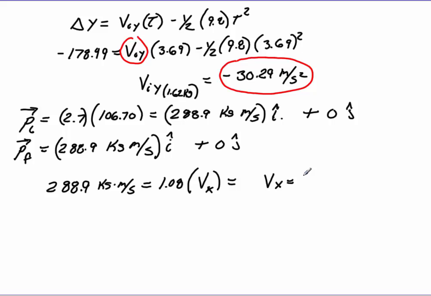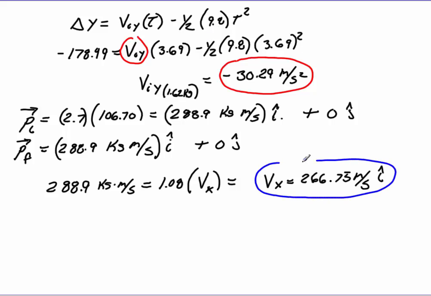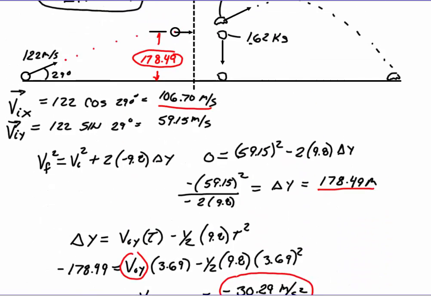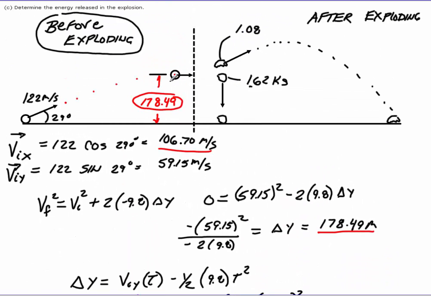Gives me 266.75. I'll put that in there real quick. Alright, and that's going to be in the i hat direction. And again, let me repeat that, that is only for the 1.08 particle.